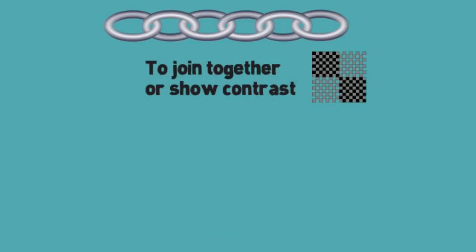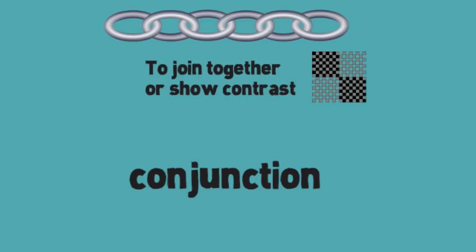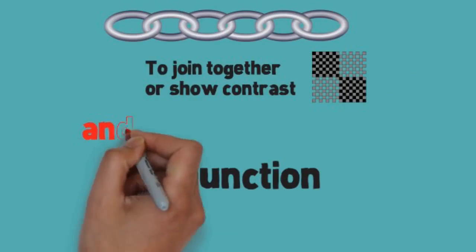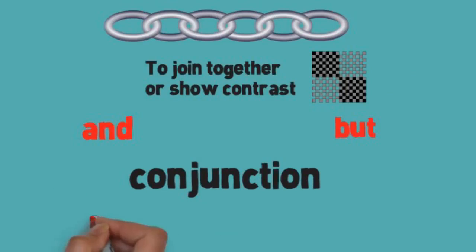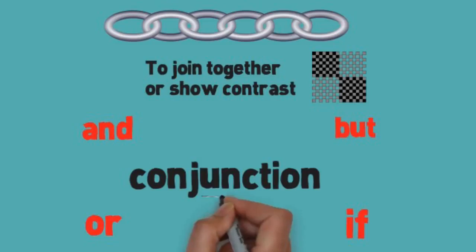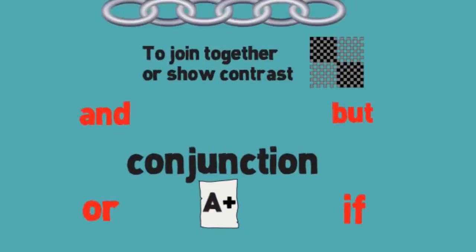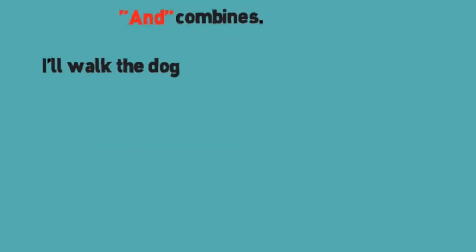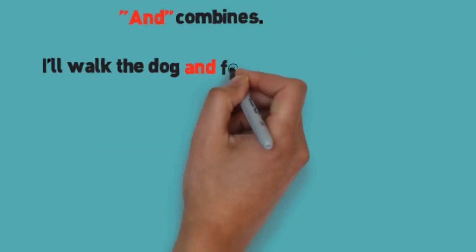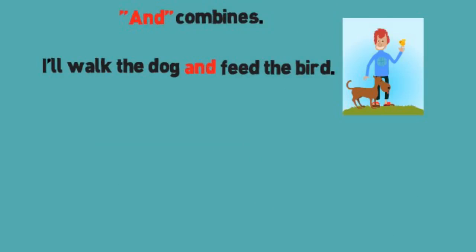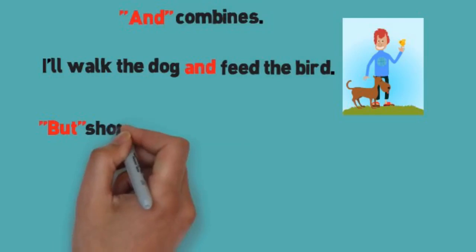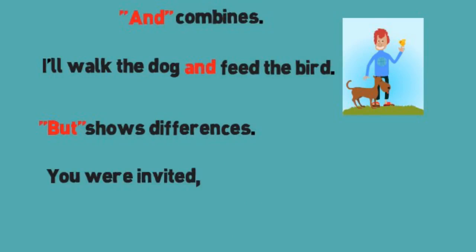To join together or show contrast, using a conjunction is where it's at. Using conjunctions when you write will make your paper dynamite. And combines phrases, sentences, words. I'll walk the dog and feed the birds. But shows differences you may know.